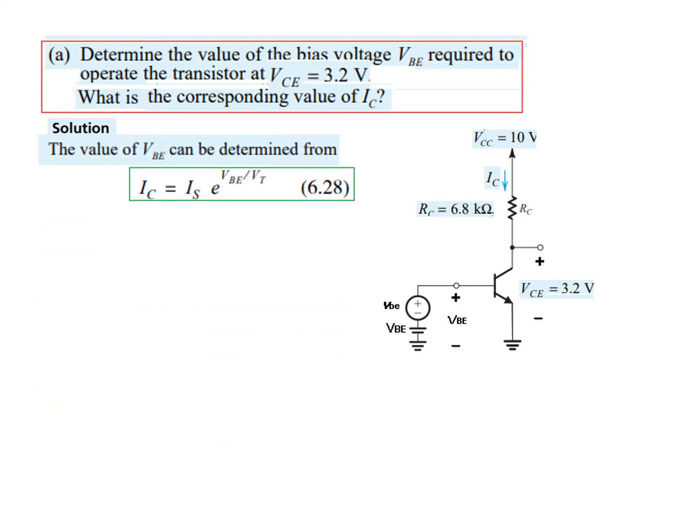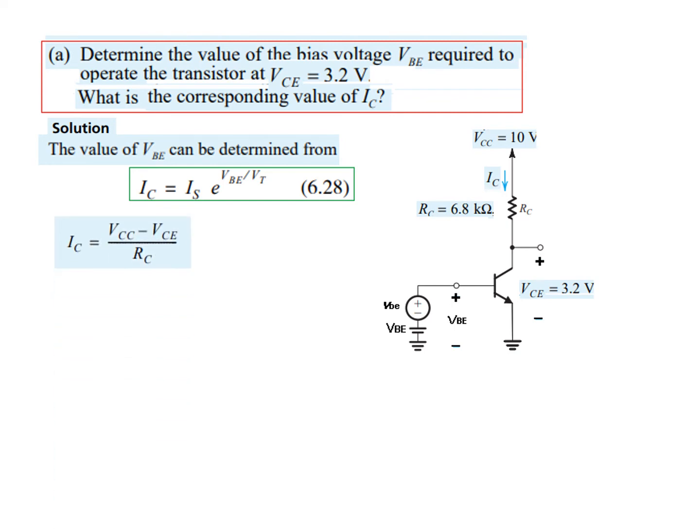So to find VBE, we will be using this relation. For this, we know IS is given, we know VT is 25 millivolt. We have to find VBE, and if we know IC, then we can easily find VBE.